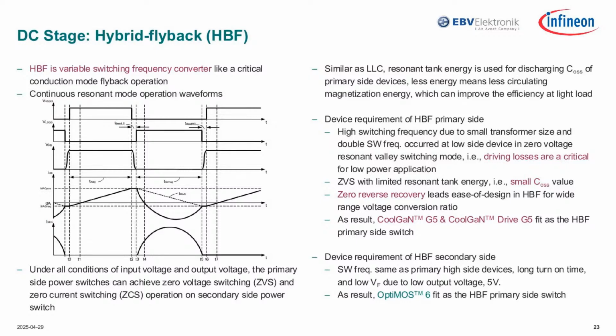You can imagine that we need to use at least around a 100 volt or 80 volt OptiMOS device. OptiMOS is one of the good options when the voltage is below 100 volt. This is an optimized balance between performance and the operation over the wide range output voltage.